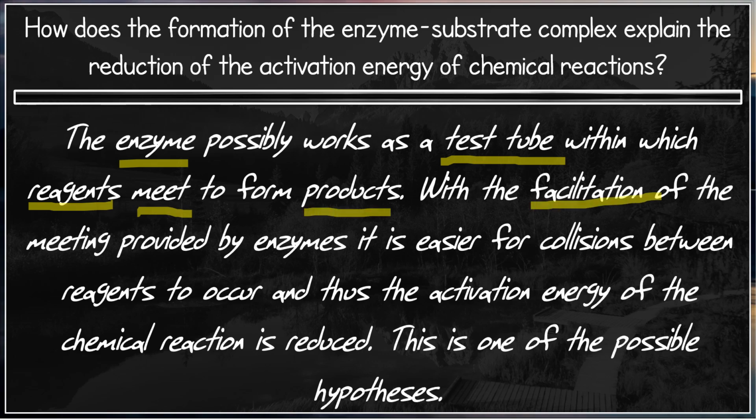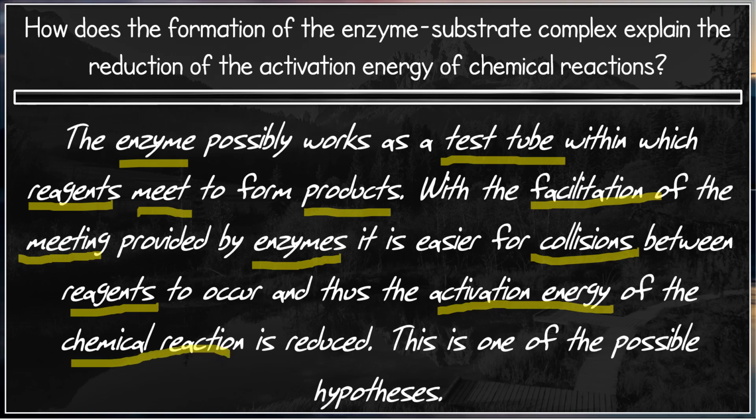With the facilitation of the meeting provided by the enzyme, it is easier for collision between the reagents to occur. Thus, the activation energy of a chemical reaction is reduced. This is one of the possible hypotheses.